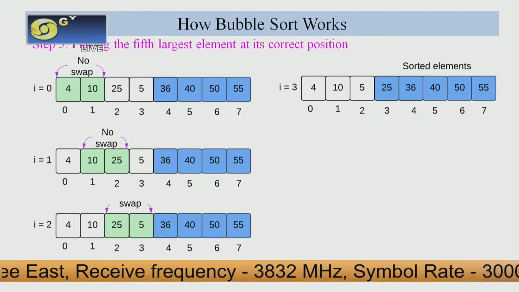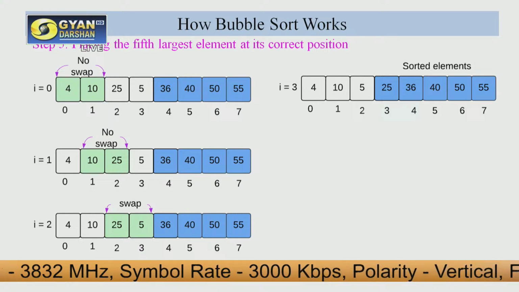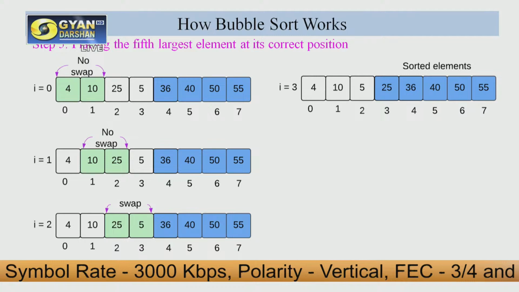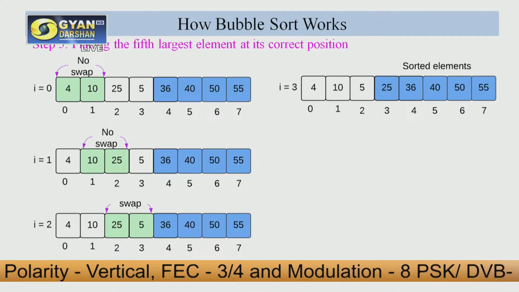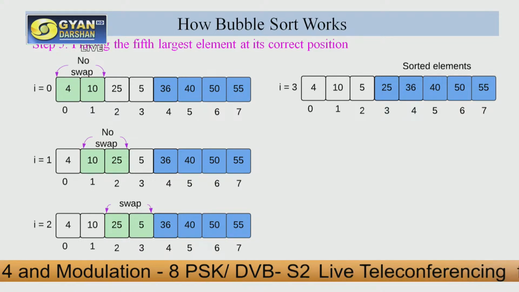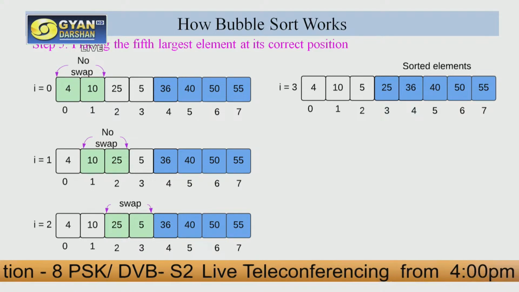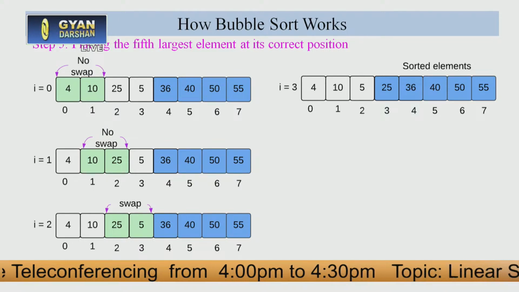For example, if we have 10 elements, a total of 9 passes are required in the worst case. In each pass, in pass number 1, there will be n minus 1 comparisons, and in the worst case n minus 1 swappings also.